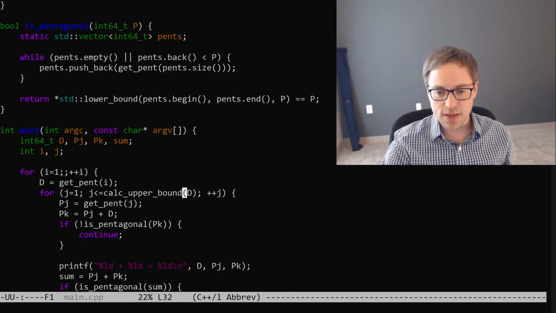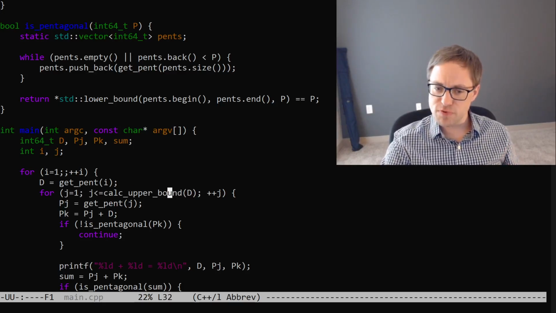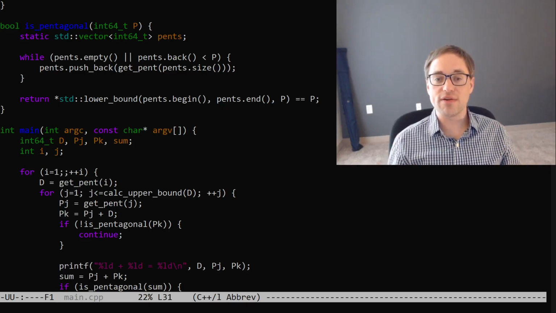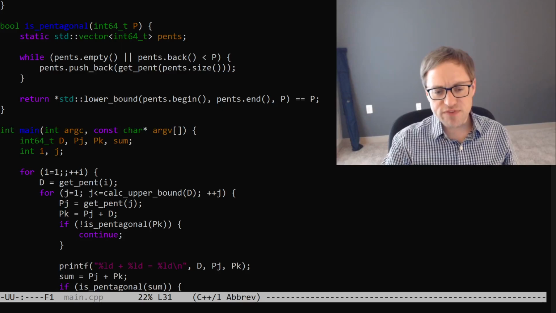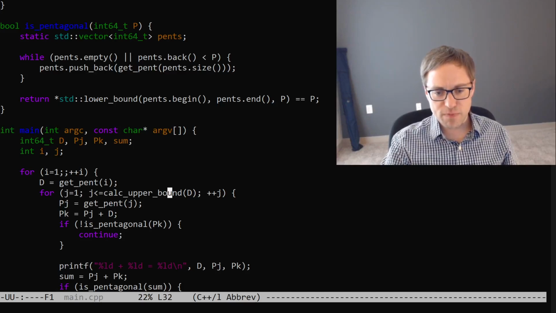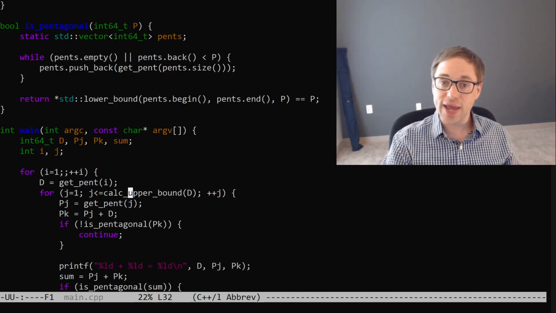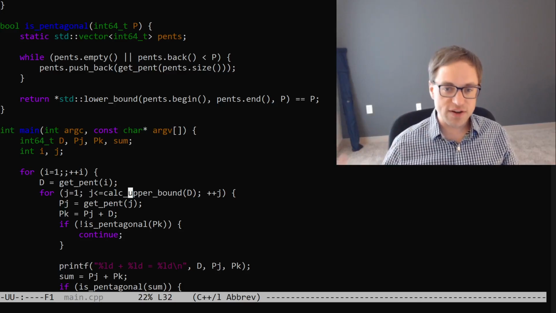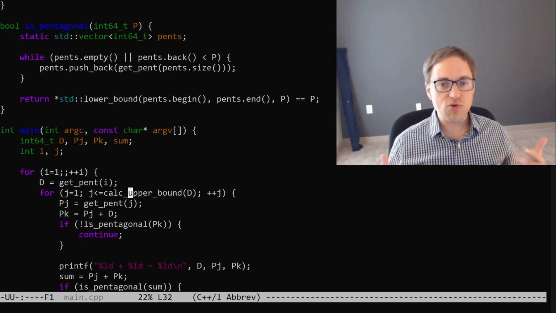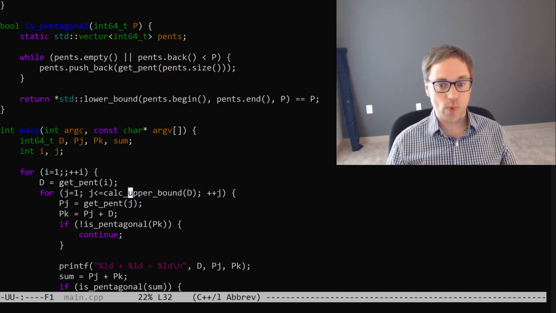That's what we expect. But d is proportional to i squared because we get d by calling this get pent, which squares i. And so if our upper bound is proportional not to i, but to the square of i, our algorithm isn't an order n squared algorithm.